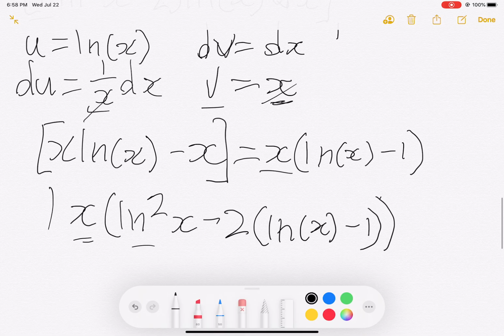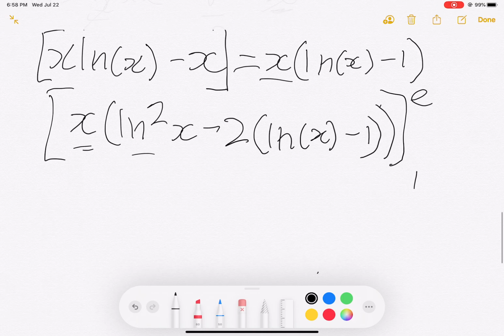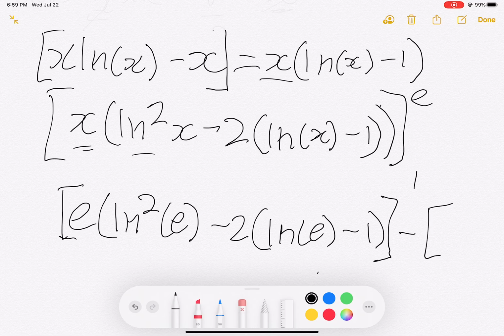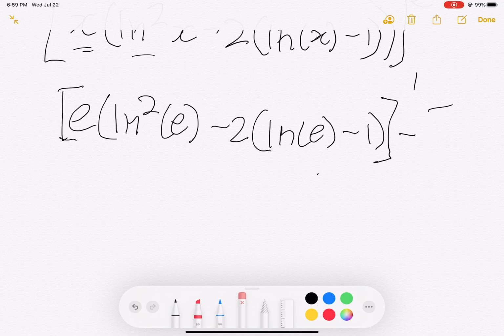Now what do we do? Well, now we just evaluate this from 1 to e, right? So we evaluate that from 1 to e, and let's plug in e first. So we get e times ln squared of e minus 2 times ln of e minus 1, and then that minus, let's write it down here.